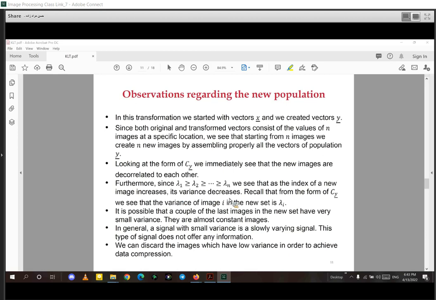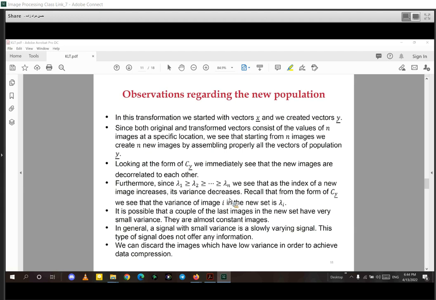Okay. Why? Because we rearranged it firstly. That means the first image in the Y domain, or the first component, corresponds to lambda 1, the largest eigenvalue, or the largest variance.